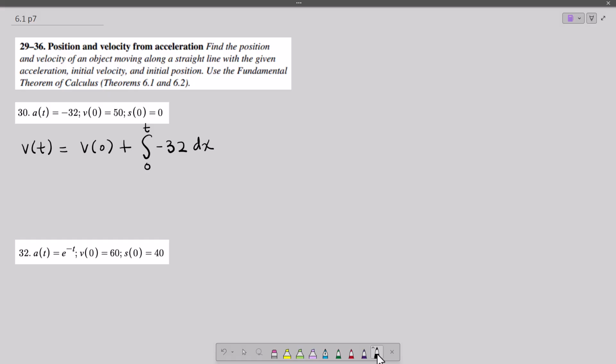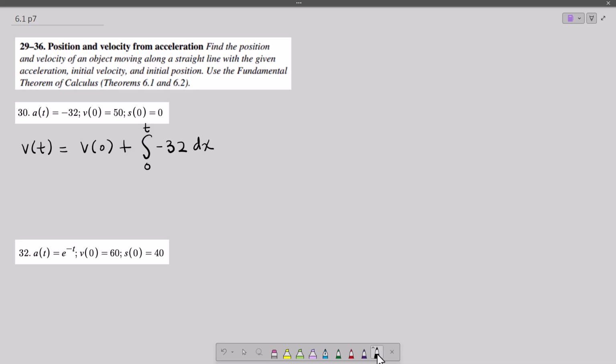So that is our formula. Initial velocity plus the change in velocity. When we were talking about change in position, we had another word called displacement. We don't have a word for change in velocity other than change in velocity. It's sort of like the displacement of velocity.